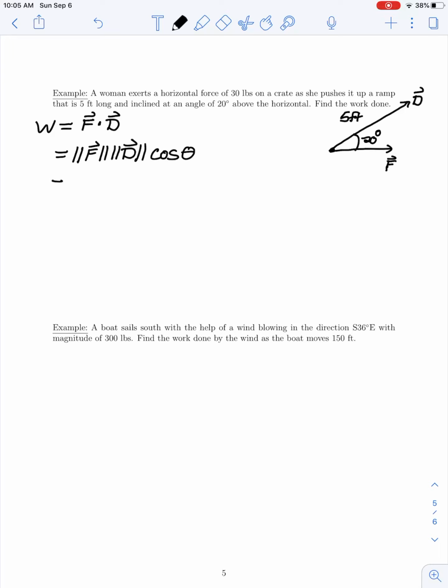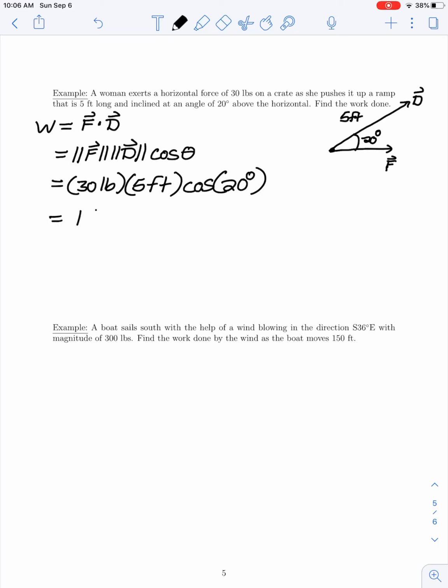And this information we're given in the problem. The magnitude of the force was 30 pounds. The displacement vector, which was our ramp, had a length of 5, so the magnitude of that vector would be 5 feet. And then we are multiplying by cosine of the angle between those vectors, which was 20 degrees.